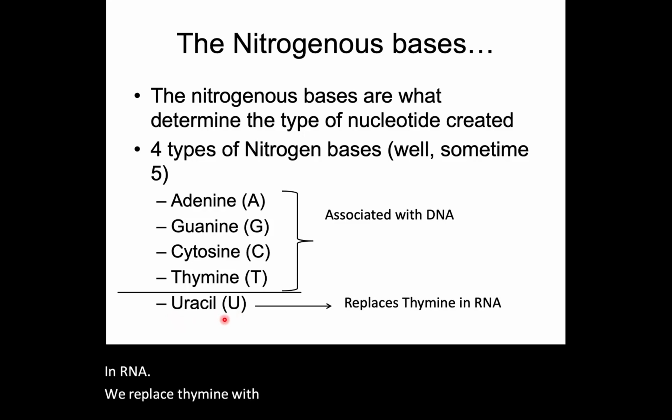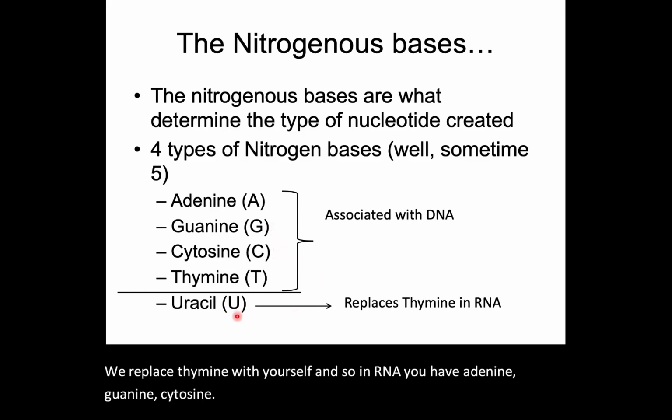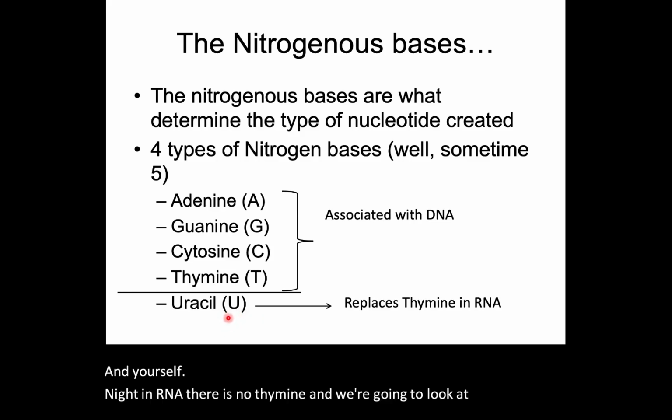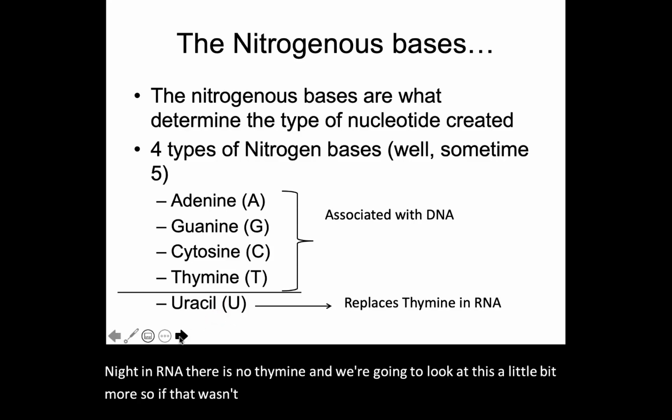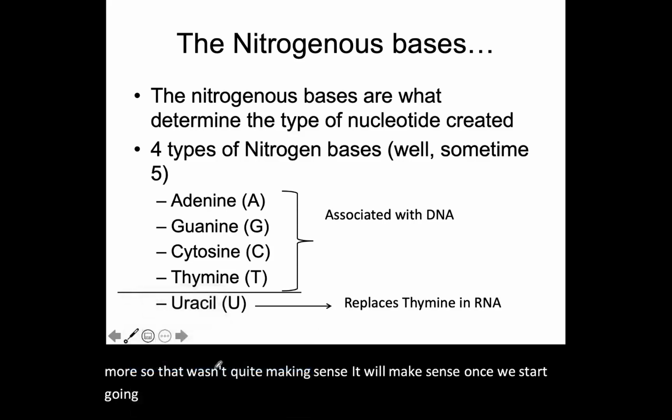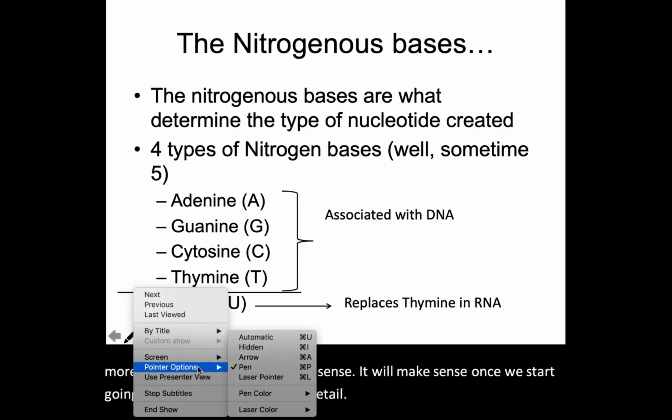So in RNA, you have adenine, guanine, cytosine, and uracil. In RNA, there is no thymine. We're going to look at this a little bit more, and it will make more sense once we go into it in more detail.